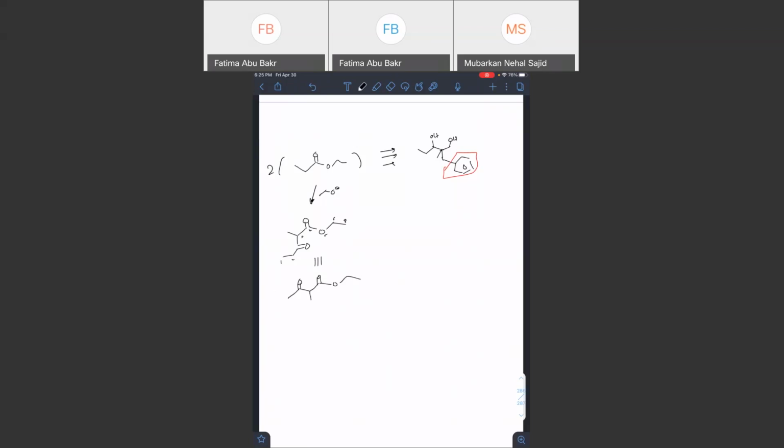Something is wrong. Something is very, very wrong. This is very interesting. Oh, I skipped one of them. Okay, never mind. Yes, so this is the correct answer. I skipped this carbon right here.